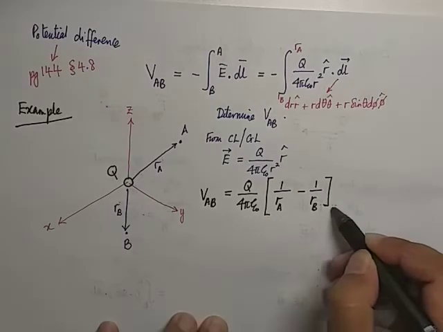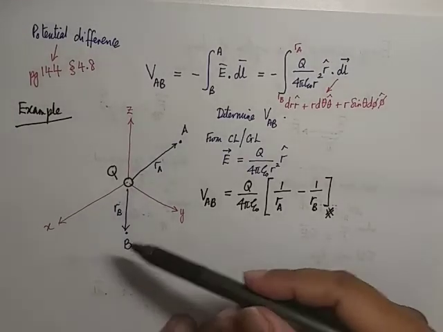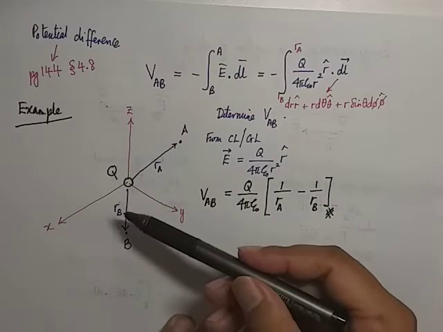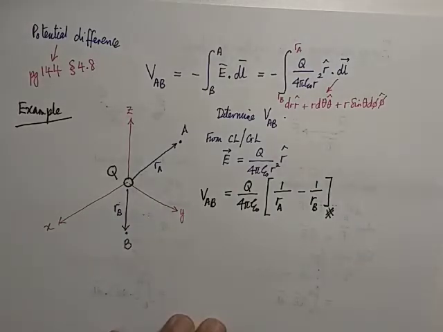That should be the solution for the potential difference between these 2 points when you have a source of point charge in that system. So therefore that should be our solution.